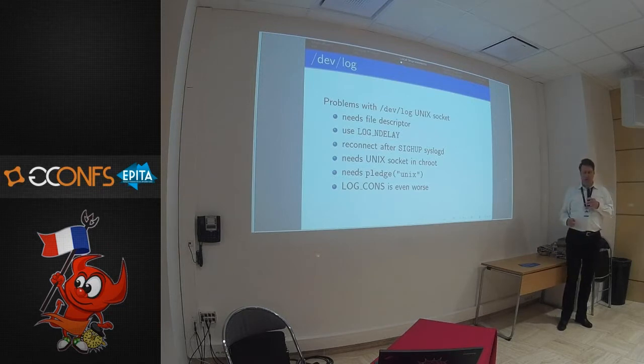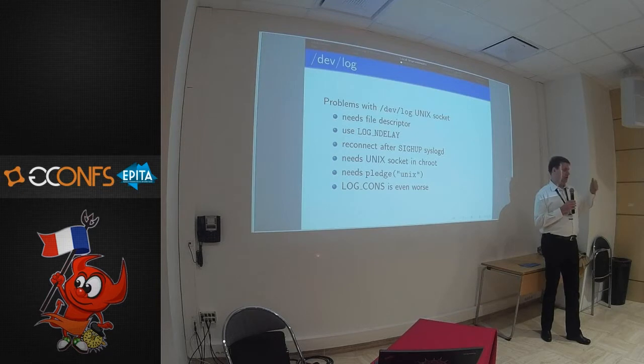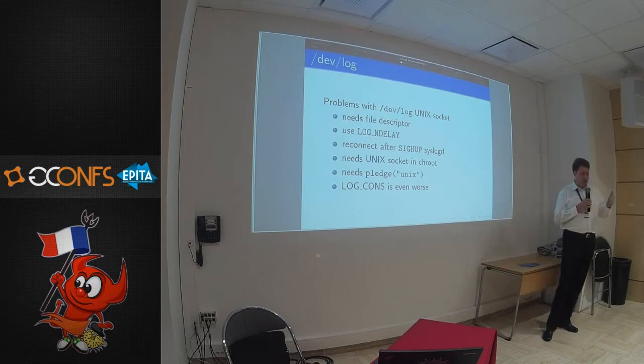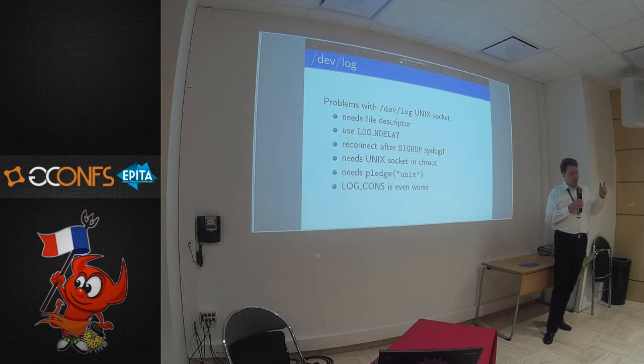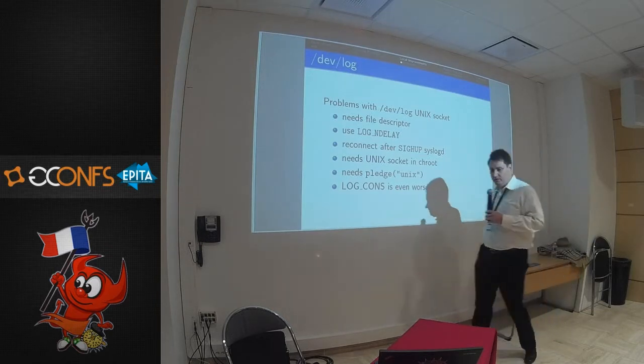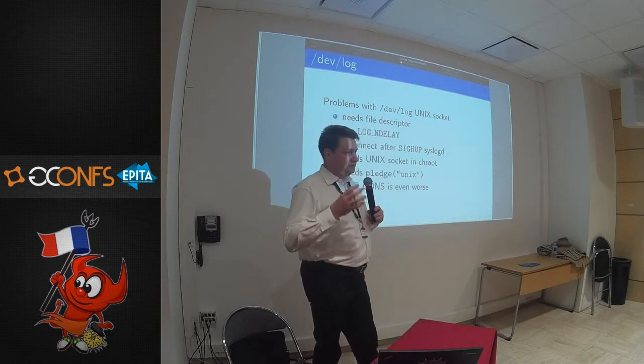So that's not good, and when you say logcons, then the libc makes a sendto, and sees, oh, syslogd is not running. Now I have to open the console file descriptor, dev console, so you need another device in your change root, don't forget that. And you need a file descriptor, so if you run out of file descriptors and want to log that, it doesn't work. And so that's the implementation nightmare, especially in situations where something went wrong.